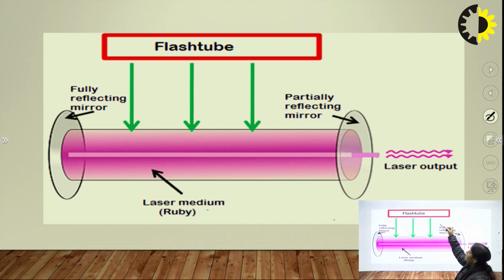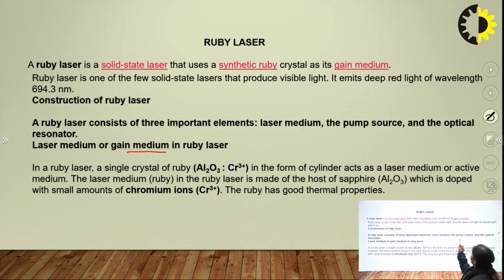You can see that the radiations, these green arrows are showing the radiations which are falling from the flash tube. So when we were discussing this pump source part, the laser medium part we have discussed.